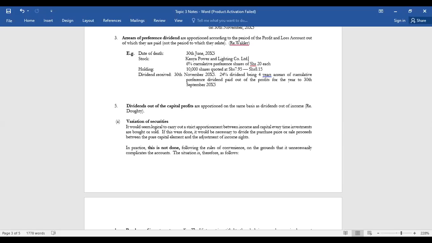We are still retaining our payment date of 30th November.